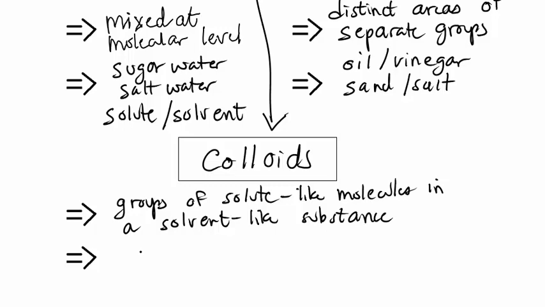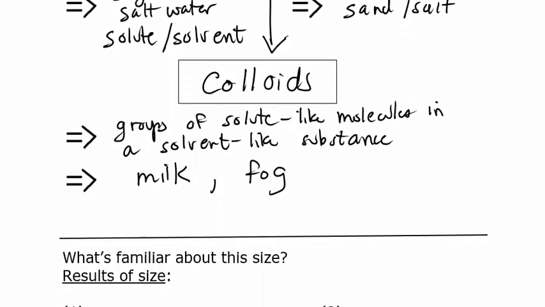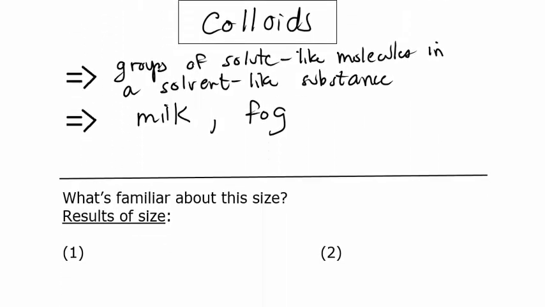Okay, what are some examples? An example is milk. Another example is fog. All right, and what are some characteristics, or what's familiar about this? Colloids tend to be in-between sized groups, and one thing that's familiar about this size is that the colloid size is somewhere near wavelengths of light, so they scatter light.